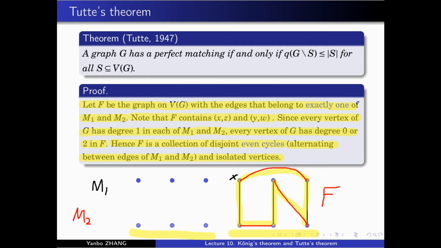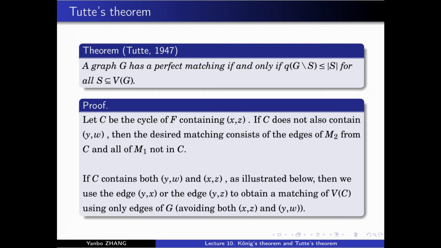If xz is on this cycle and yw is not on this cycle, then we can use the edges of M2 on this cycle and the edges of M1 outside this cycle to form a perfect matching in G. Let's repeat it again.